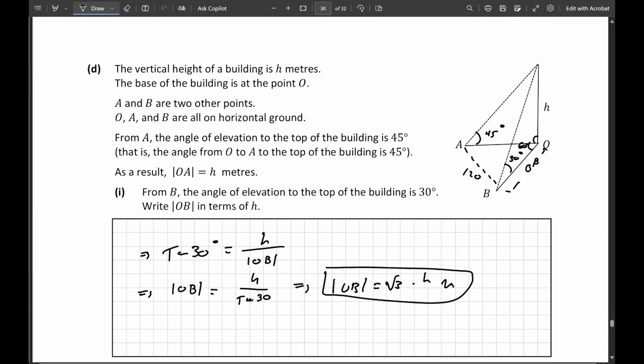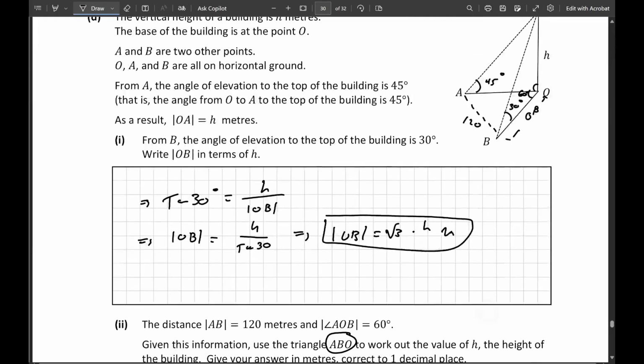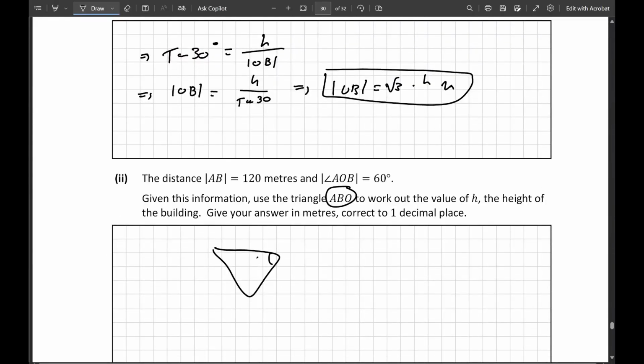Right, are we given AO at all? Let me draw this triangle out again, because I can't work with my cluttered diagram here. So that's 60. This length is root 3 times h.